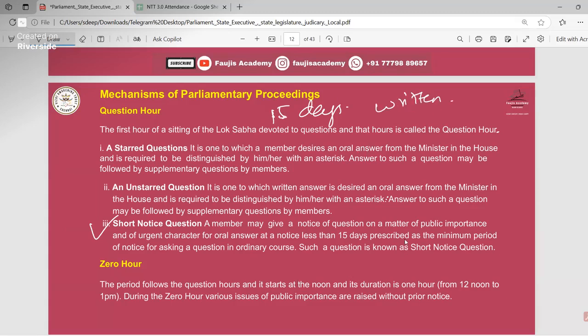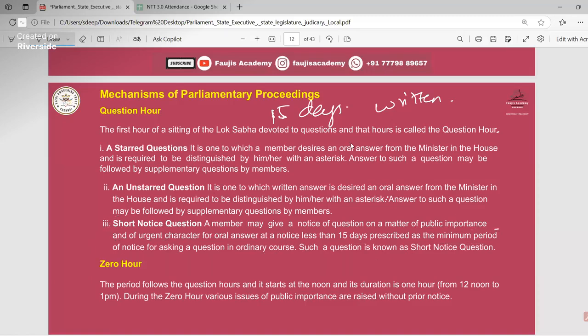Those questions will be of public importance. A member may give a notice question on a matter of public importance and of urgent character for oral answer at a notice less than 15 days, prescribed as a minimum period of notice for asking a question in the ordinary course. Such a question is known as a short notice question.